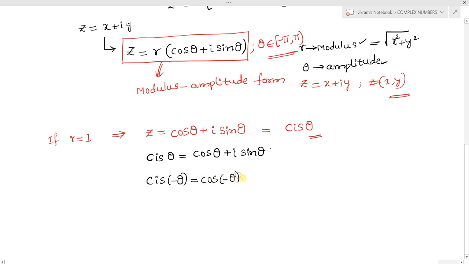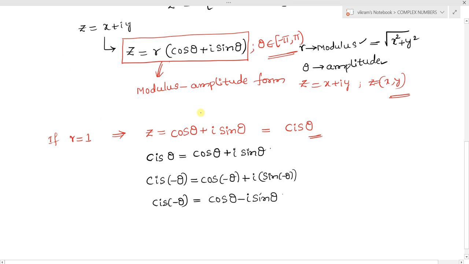Cos of minus theta equals cos theta, and sin of minus theta equals minus sin theta. So cis of minus theta equals cos theta minus i sin theta.